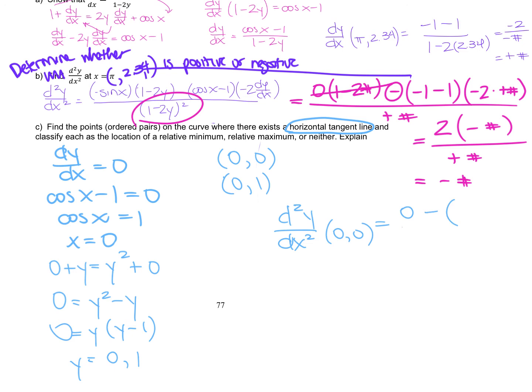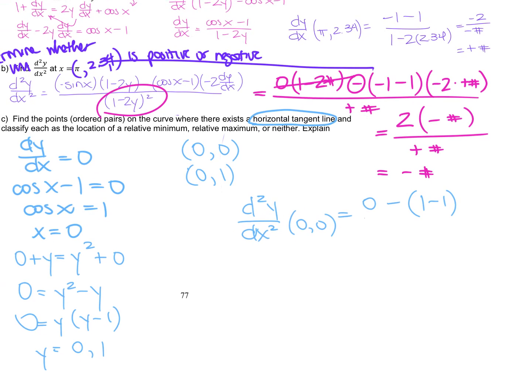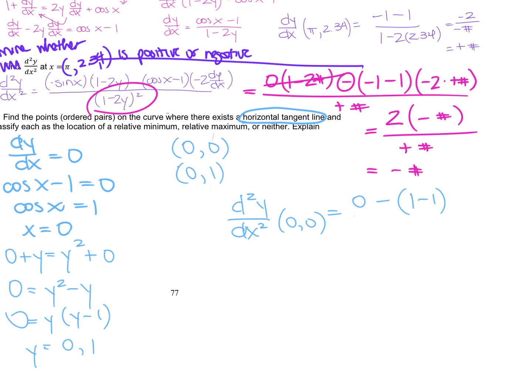Minus, what's the cosine at 0? 1. When I do 1 minus 1 in that first parentheses, what happens to the whole top? The whole thing goes to 0. So what does that mean about the point (0, 0)?